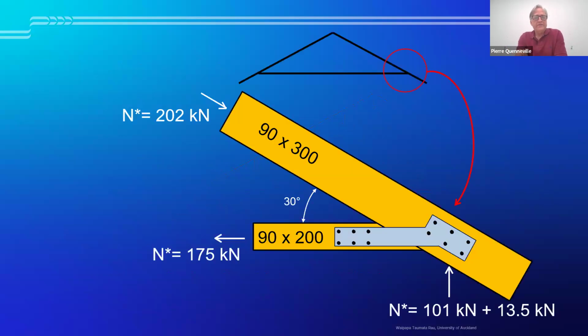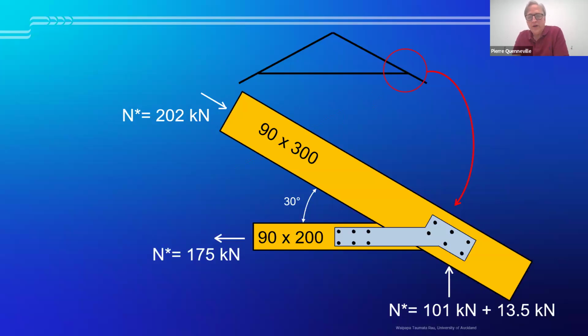So we have compression forces of 202 kilonewton in our truss top cord, 175 in tension in our bottom cord, and we have a vertical reaction of 101 resulting from the 202 and 175 forces, and the 13.5 coming from the overhang.